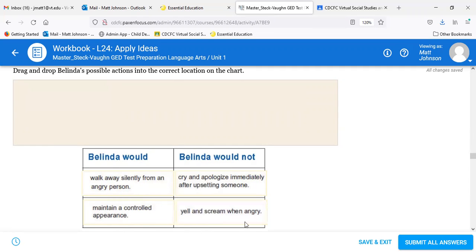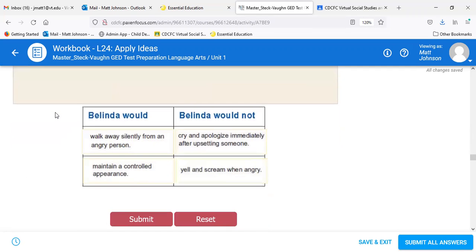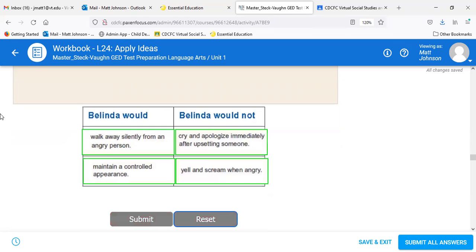And of course, that doesn't mean that she doesn't get angry, right? It doesn't say that she's not upset about things, but she's the type of person who maybe internalizes them, but she's going to walk away. I'll walk away. I'm going to get in the car and I'm just going to leave. And the whole time she's going to have, at least on the outside, this facade where she's in control.